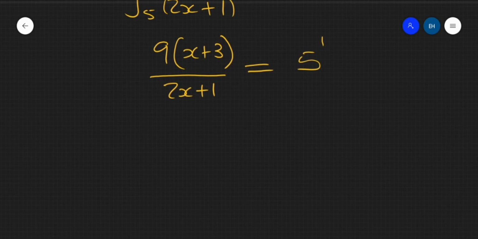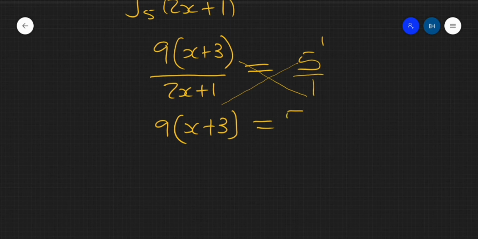Okay, then at this stage we can cross multiply. This times 9, it will remain 9(x plus 3) is equal to 5(2x plus 1).